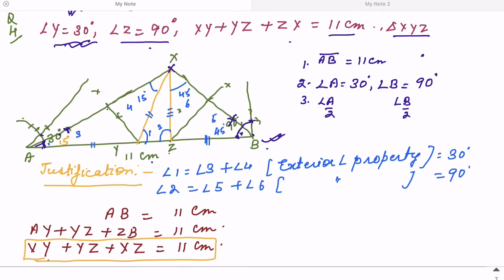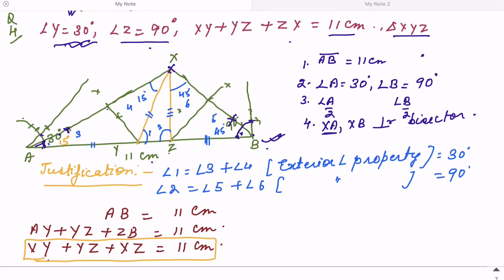Okay? Now we draw perpendicular bisector of XA and XB. We are drawing perpendicular bisector. That means we take more than half of XA and cut an arc.